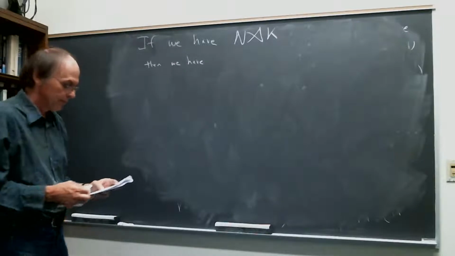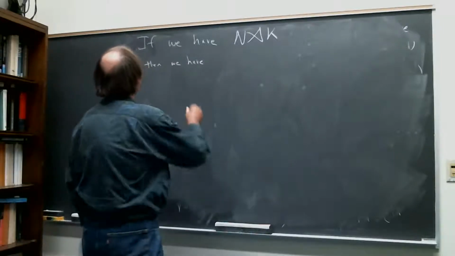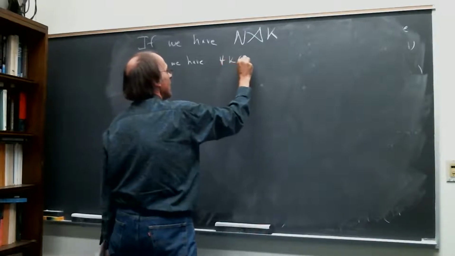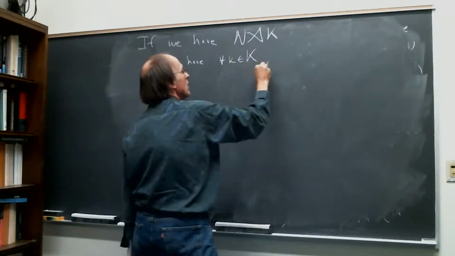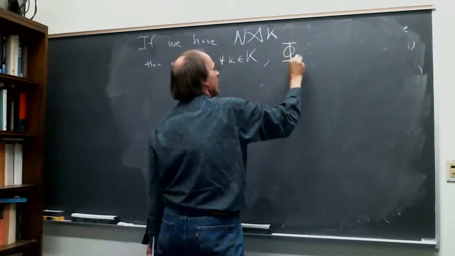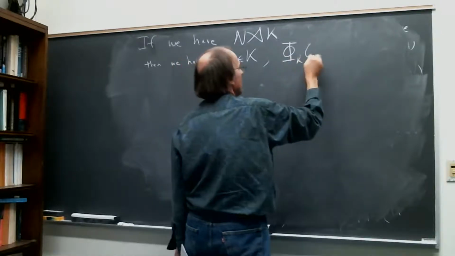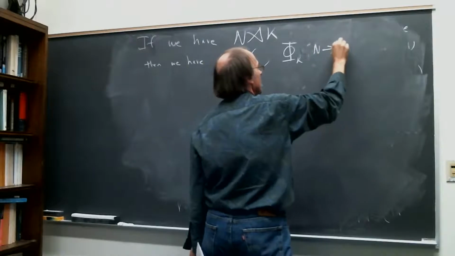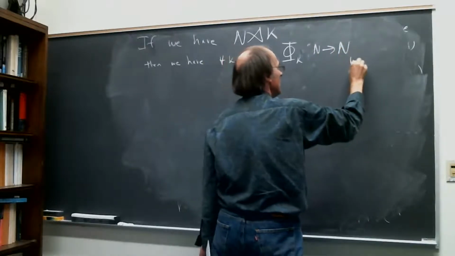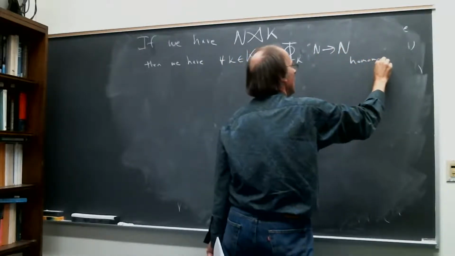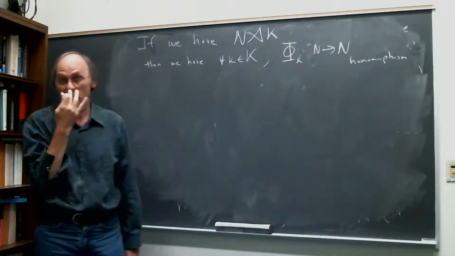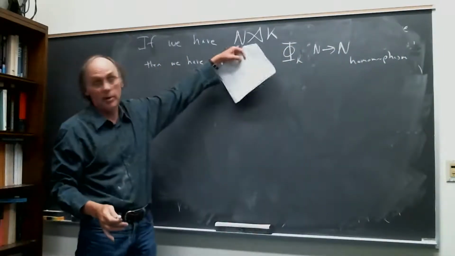So for all k an element of K, we have phi k, such that N goes to N, and it's a homomorphism. By definition, this is the data of what we have if we have a semi-direct product.